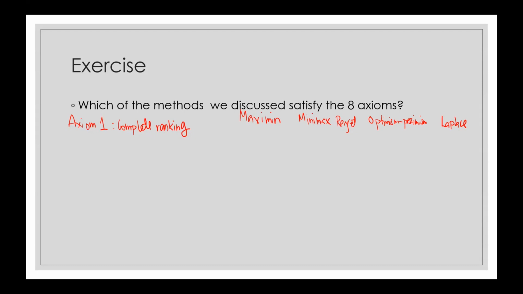Okay, so can we now identify whether maximin gives us a ranking? Yes or no? Yes, it gives us a ranking, because it ranks the actions based on the worst outcome.